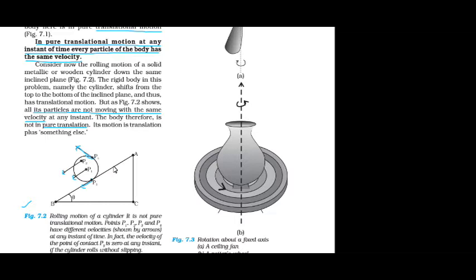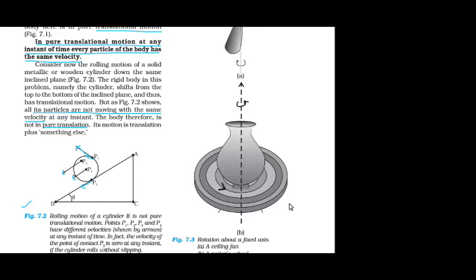For example, if it is rolling down at 4 meters per second, then all the particles are moving with the same magnitude, 4 meters per second, but they have different directions. Due to different directions, they have different velocities, as velocity is a vector quantity. And since they have different velocities, the motion is not a pure translational motion.